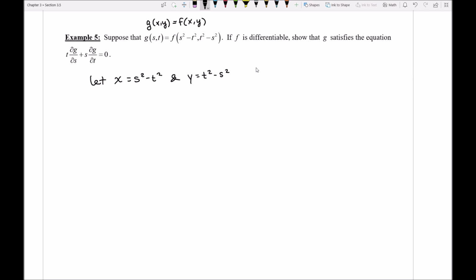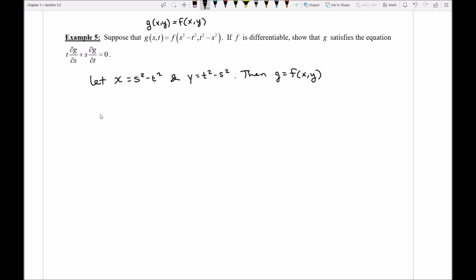Again, this would mean that g was really just a function of x and y, and that when I replaced x with this formula and the y with that formula, I turned g into a formula with only s's and t's. Once I have this, I can start to see that it's possible to do a chain rule here.